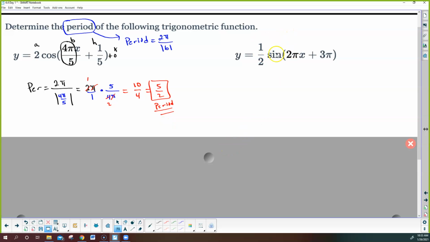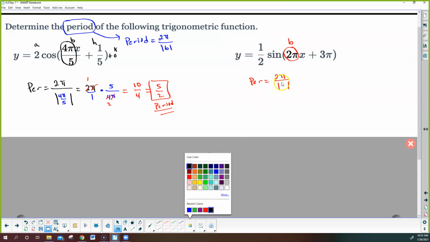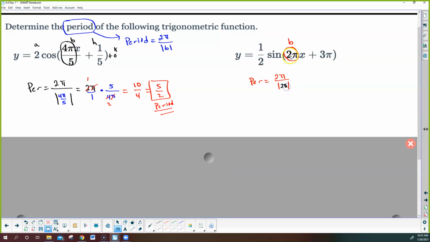Okay, really quick, you don't have to write this one, I just want to show you another example. Here's my b value. What would I do? Period is equal to 2 pi over the absolute value of b. Well, now notice 2 pi over 2 pi, those reduce all the way out, which means the period would be 1.